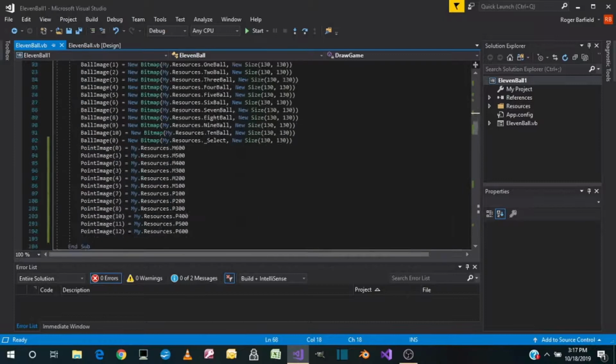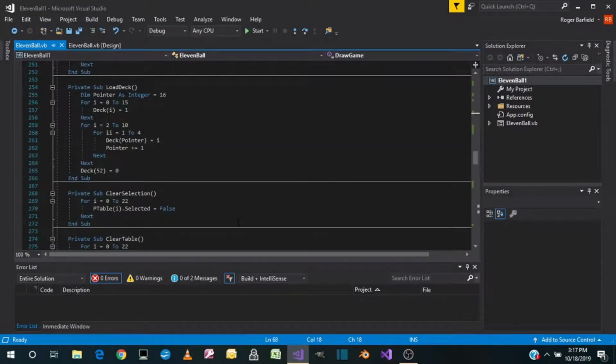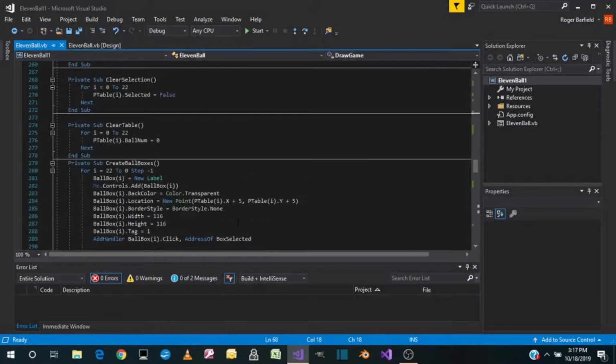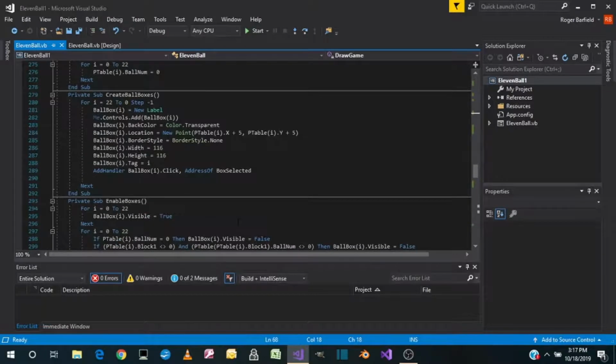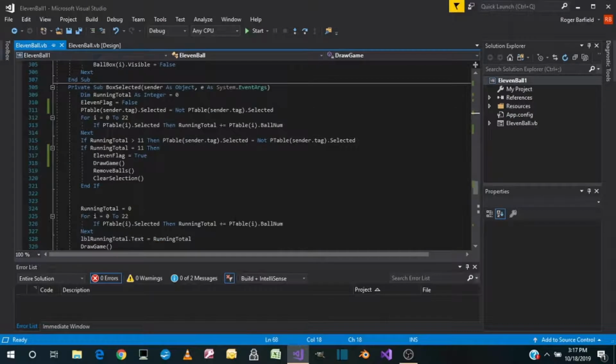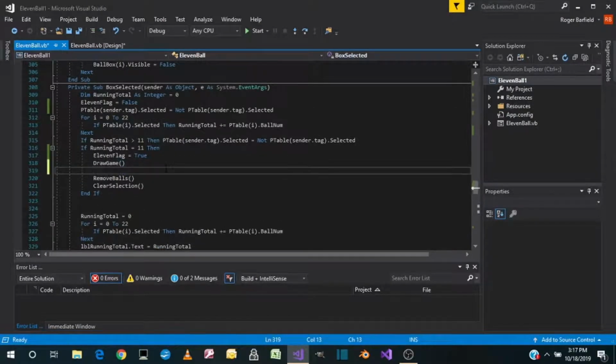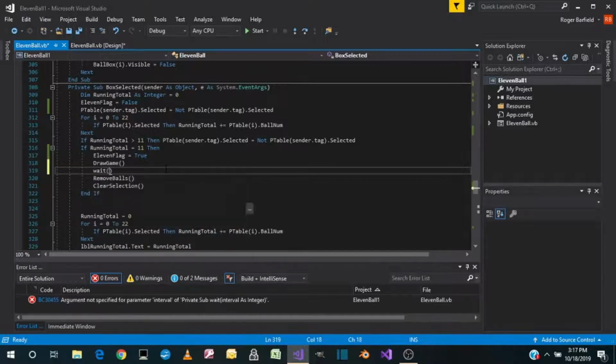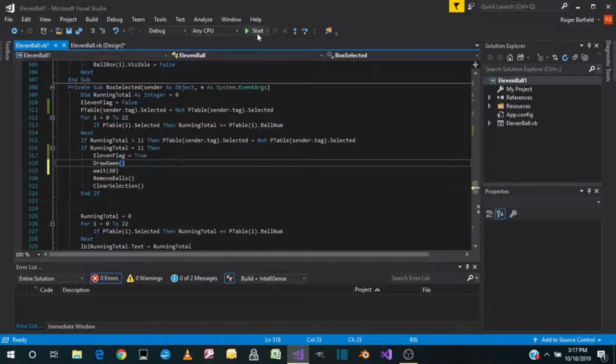Let's go back down here. When we put our sound in, it will delay it more, but right here I'll just say wait. Let's just go ahead and say 80 milliseconds. That seemed to be good timing.